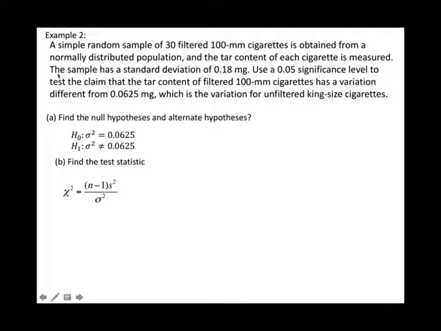Okay, here they say the sample has a standard deviation of 0.18. So the standard deviation is going to be 0.18, so 0.18 squared here. And how about the sigma here? The population variance. Remember, we're going to look at the null hypothesis. The variance is equal to 0.0625. So you could plug in here. Okay, use your calculator. You're going to get this.